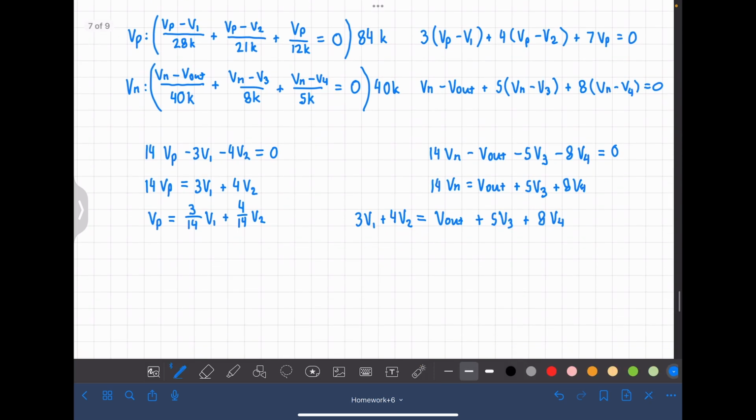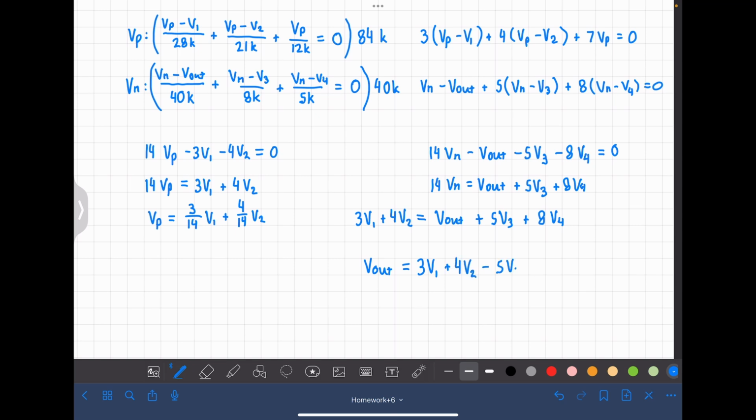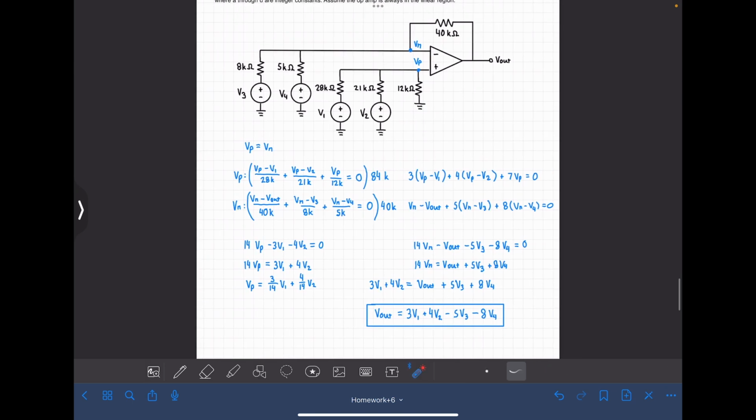So now we just need to get Vout on the left side. So we get Vout equals 3V1 plus 4V2 minus 5V3 minus 8V4. And this is our final answer, Vout as a linear combination of our op-amp inputs.